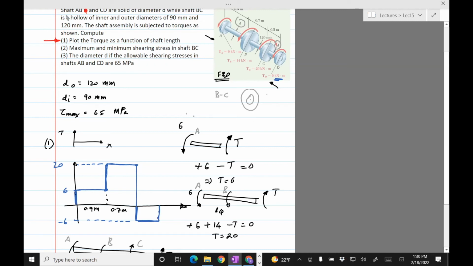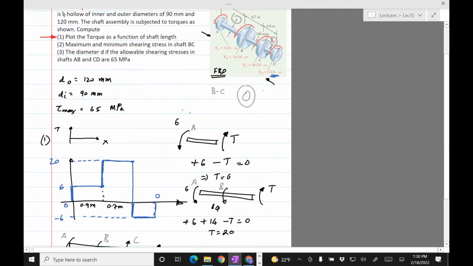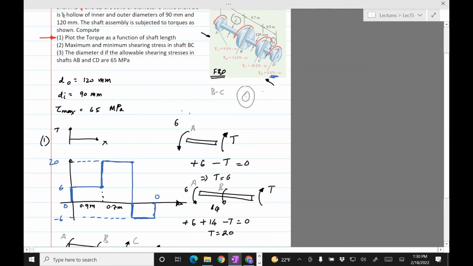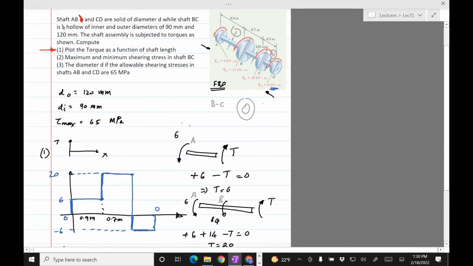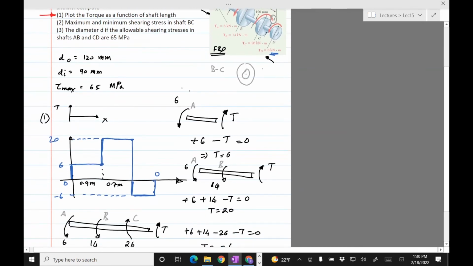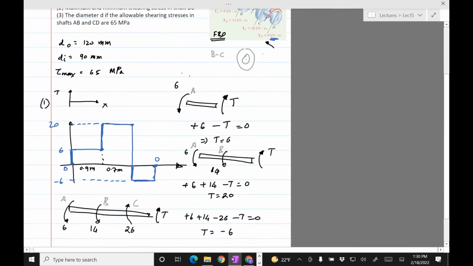So this, by the way, also starts at 0, because beyond D to the right, there's no torque. So it should add up to 0. And to the left of A, there's no torque. So it should also add up to 0. So it's important that there's a 0 on the extremes.